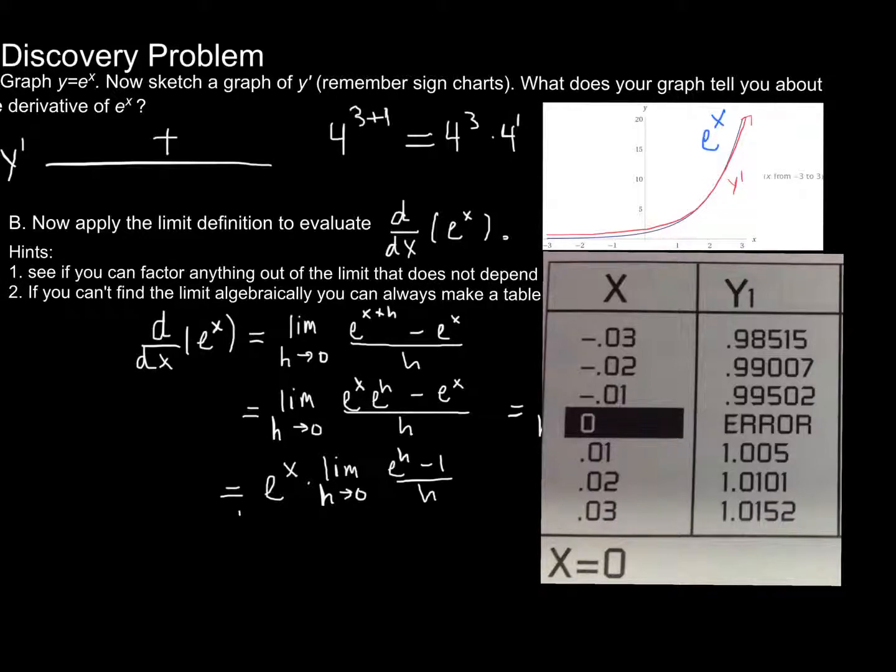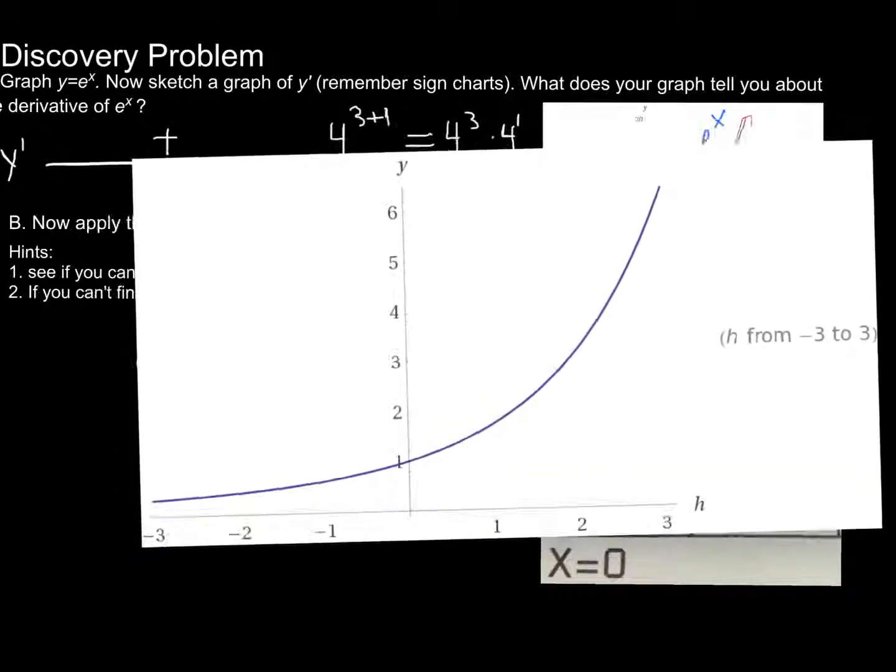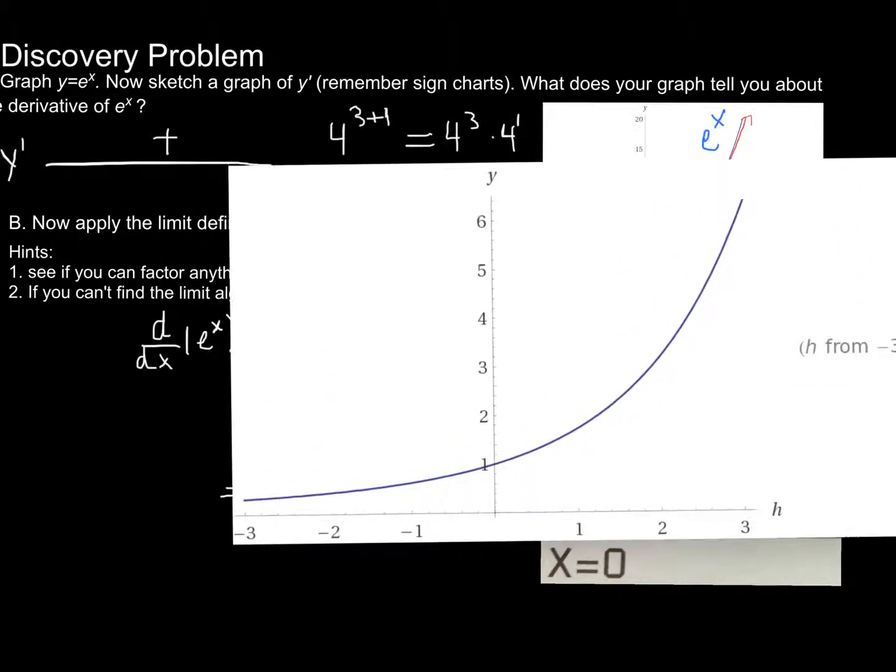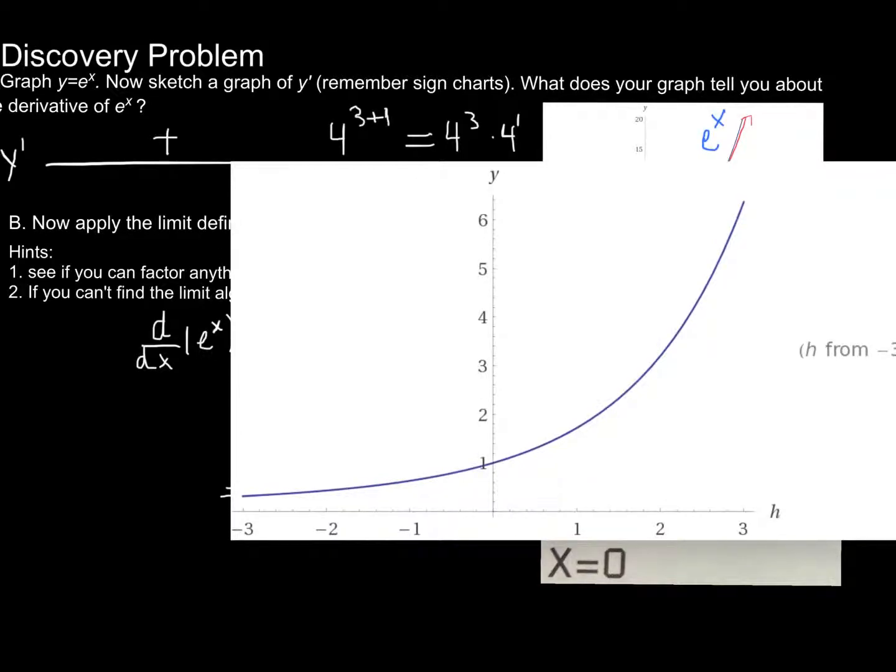So I've gone on Wolfram Alpha and pulled up the graph of e to the h minus 1 over h. And here's what it looks like. Notice, as I approach an h value of 0 from the left, and as I approach from the right, pretty darn clear that the value of my function is approaching 1.